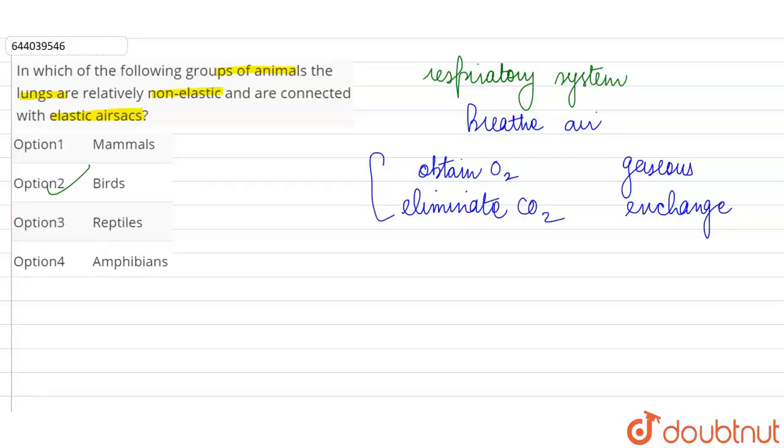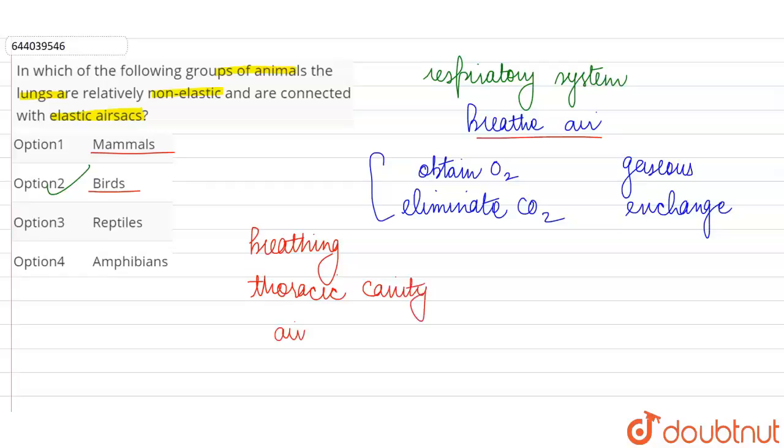So even though the birds are also using lungs like mammals to breathe air to obtain oxygen, the lungs of birds are very different from ours. In the breathing process of mammals, in the ventilation of mammals, the lungs are located in the chest cavity, in the thoracic cavity, in such a way that it becomes an airtight chamber.